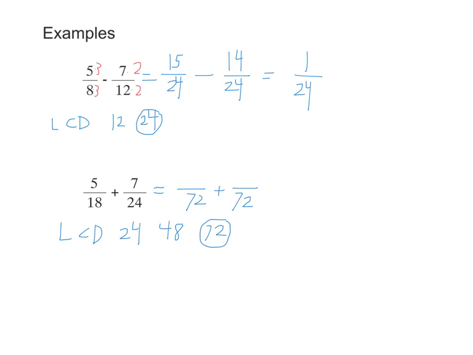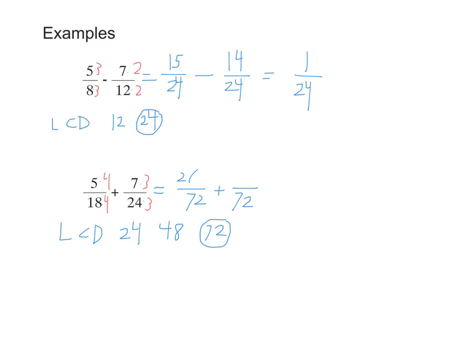For the first fraction, I need to figure out what number times 18 gives me 72. That number is 4. The second one, 24 times 3 gives me 72.